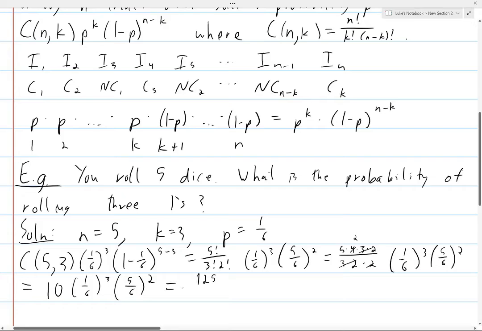If you were to do that, you would get 125 over 3888. Let's see here, 5 squared is 25, so it's 250. So basically, you would be able to reduce this fraction: the numerator from 250 to 125, and the denominator from 2 times 3888 down to 3888.